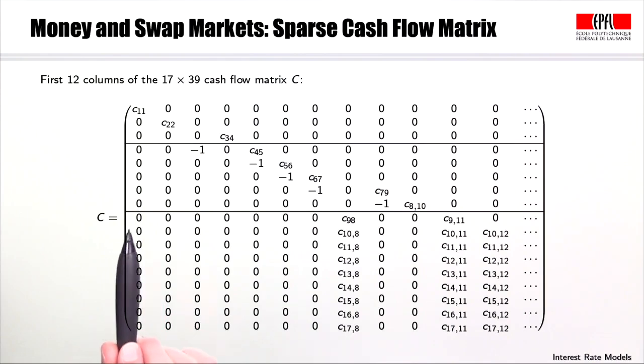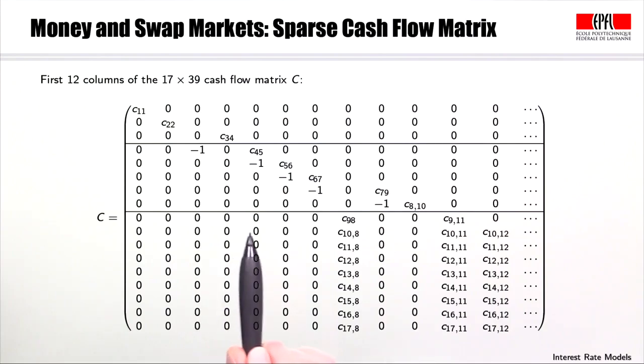And then in the rows corresponding to the swap contracts, we have the 2-year swap, which pays 2 annual coupons as shown here. The next swap has a length of 3 years and it pays 3 coupons, and so on and so forth.